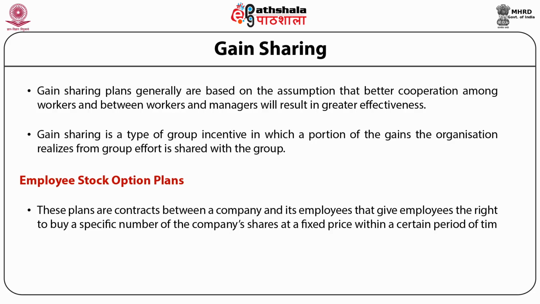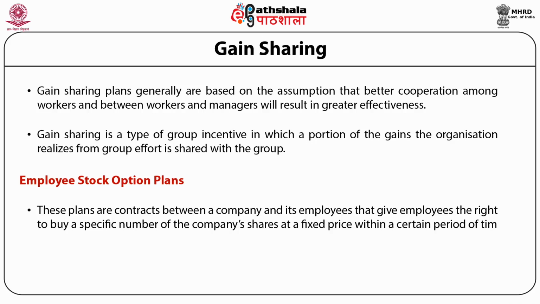An employee stock ownership plan (ESOP) is a retirement plan in which a company contributes its stock to the plan for the benefit of the company's employees. Under an ESOP, employees receive stock in the company.